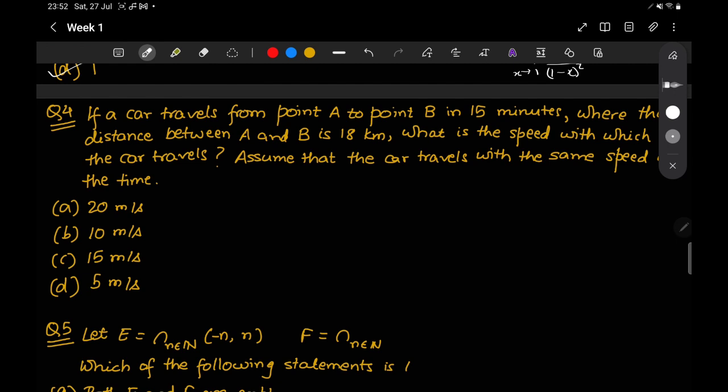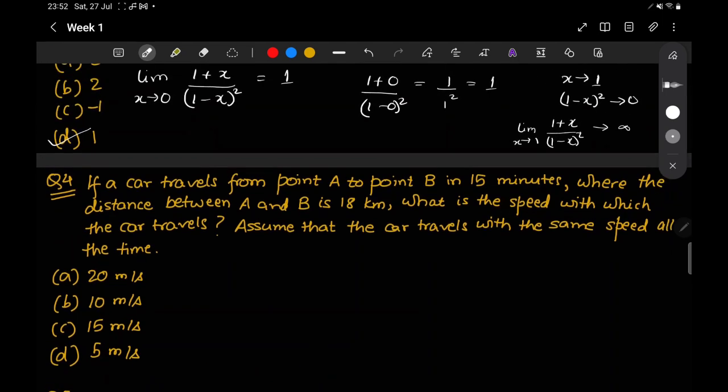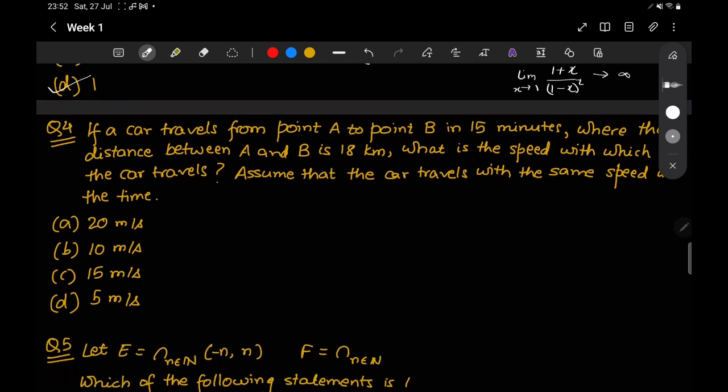The fourth question for the day. If a car travels from point A to point B in 50 minutes, where the distance between A and B is 18 kilometers, what is the speed with which the car travels? Assume that the car travels with the same speed all the time. The options are option A 20 meters per second, option B 10 meters per second, option C 15 meters per second, or option D 5 meters per second.